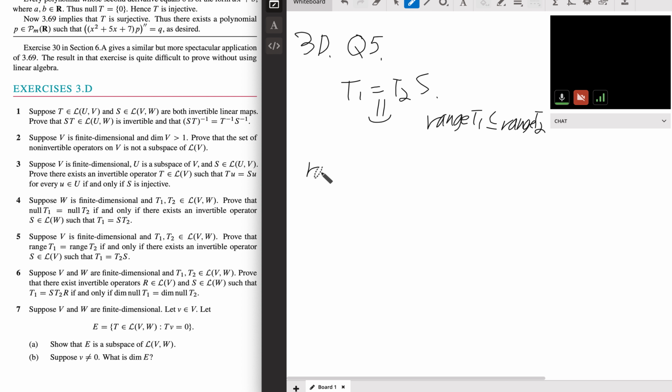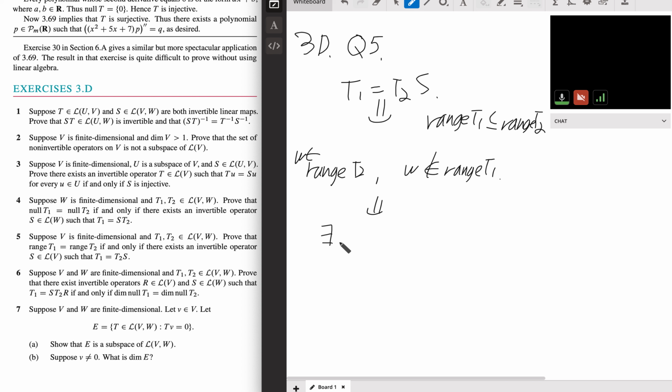And you want to do it the other way around. So if you have some arbitrary W inside range T2 and is not inside range T1, let's see how you proceed from here. Ideally we would like to do a double containment, but that's not always guaranteed.